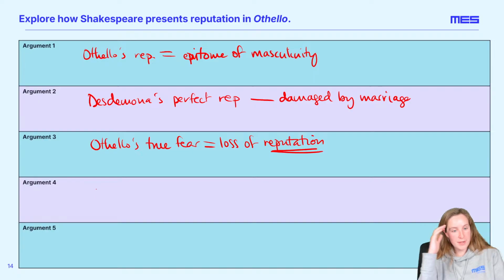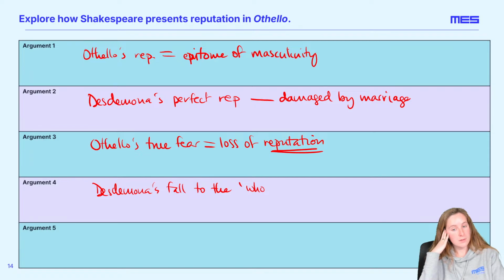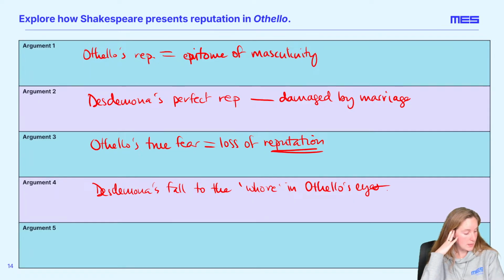We could also think of Desdemona's fall to the whore in Othello's eyes, and how that reaction takes place.